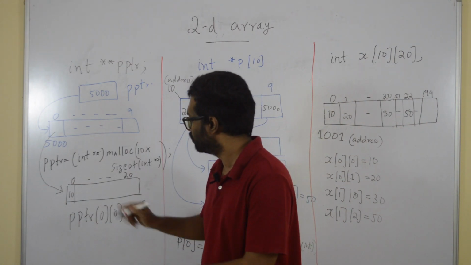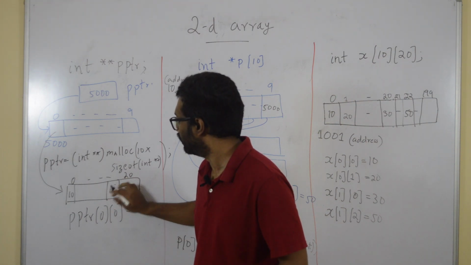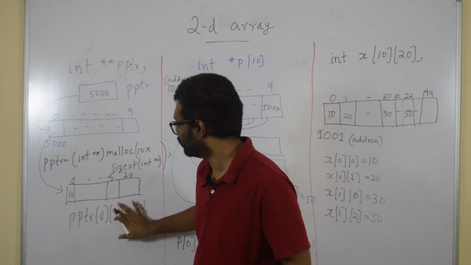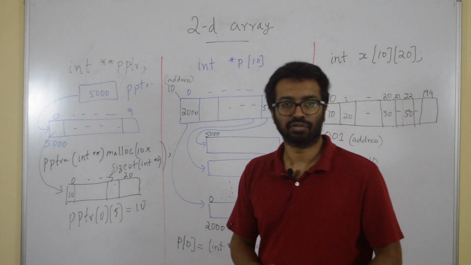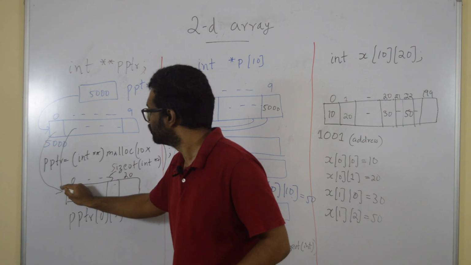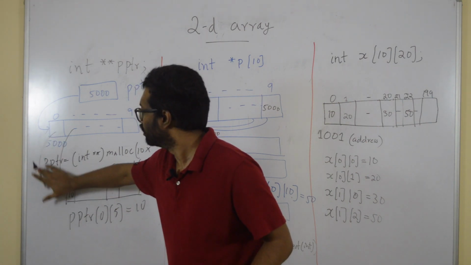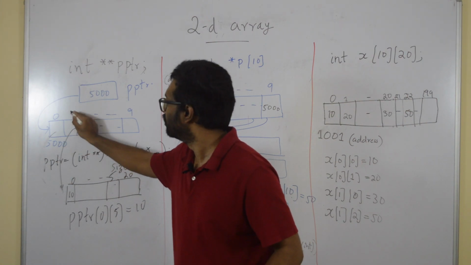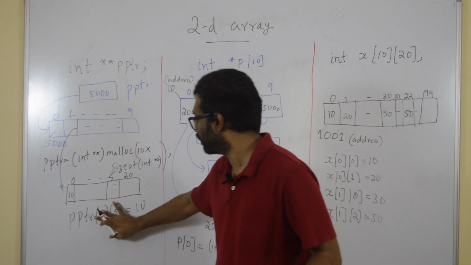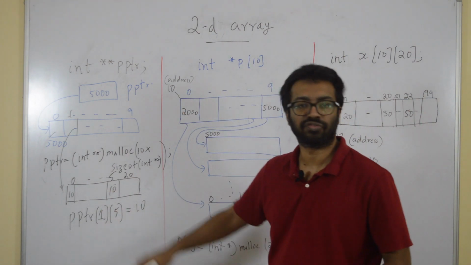Now if you want this, let's say this is 5, then we should use 5 here. On the other hand, if it's not the 0th but the first index which is pointing here, we should have pptr[1][5] is 10.